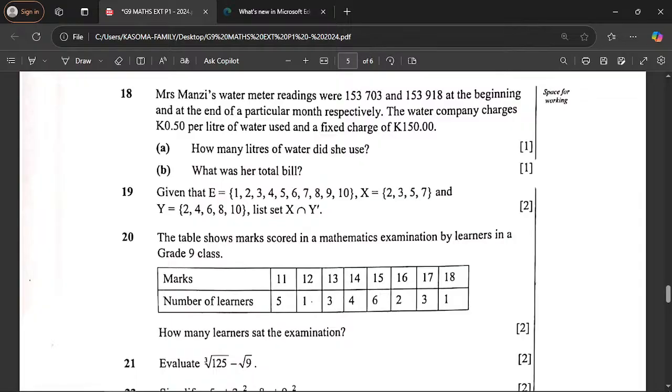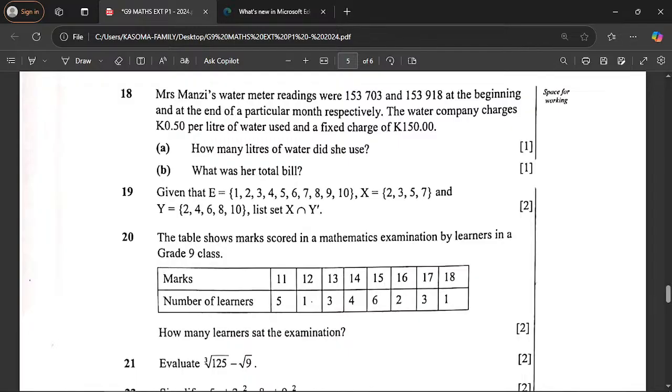Mrs. Manzi's water meter readings were 153,703 and 153,918 at the beginning and at the end of a particular month, respectively.